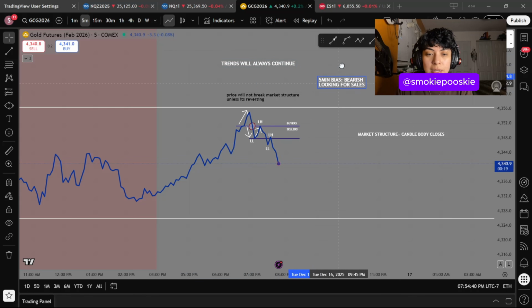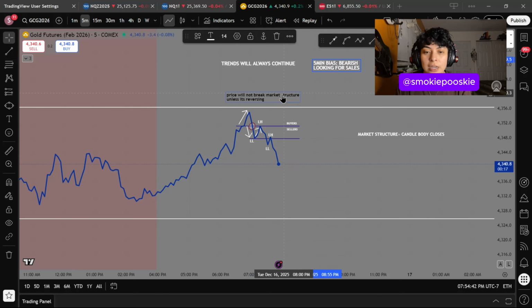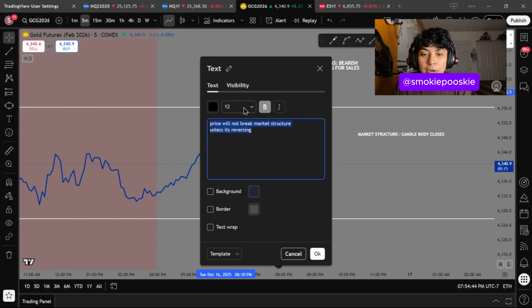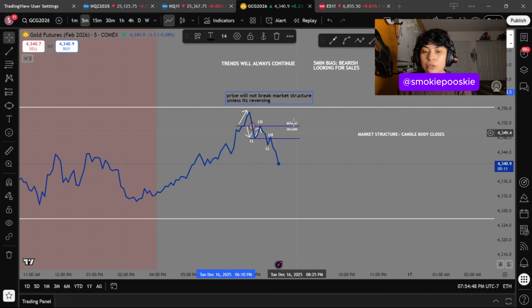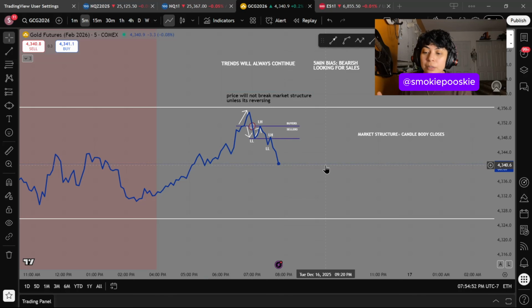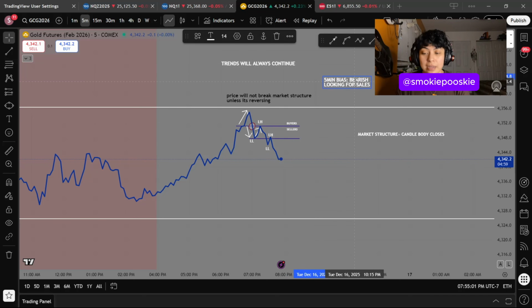So we want to be continuously looking for sells until price breaks that market structure and it tells us, don't look for any more sells. I'm done. I'm going to reverse. Look for buys. That's it.